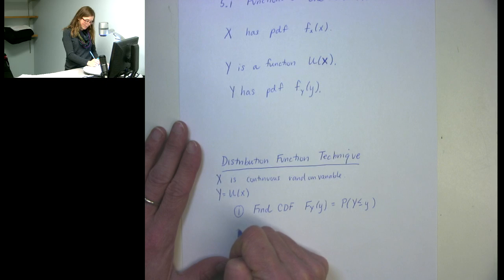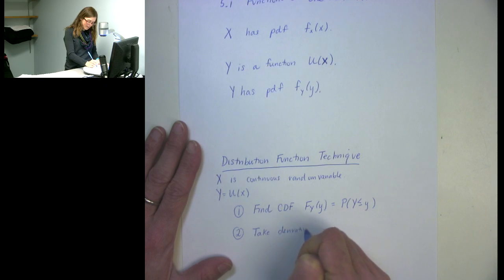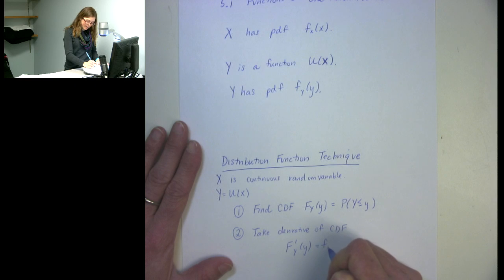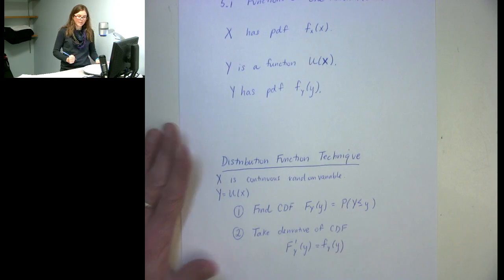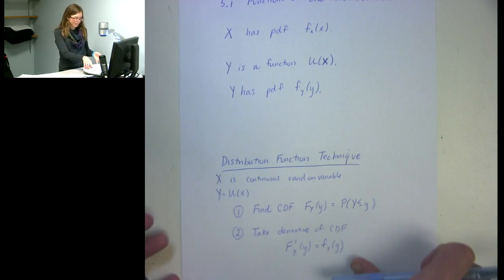And then we will take the derivative of the CDF, f prime sub y of y, and this will give us the probability density function of y. So this is the basic process, and I've got two examples to illustrate it.